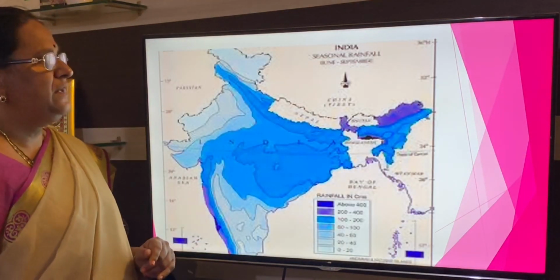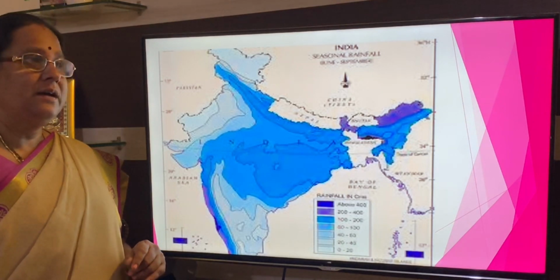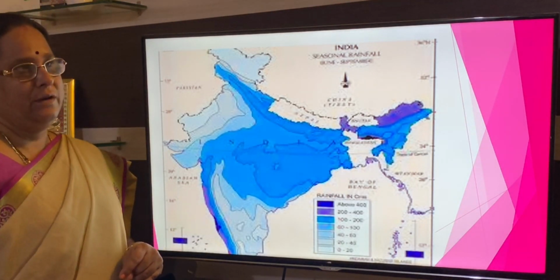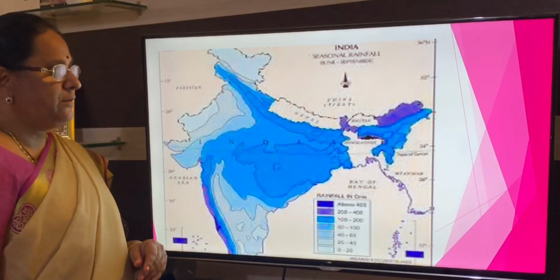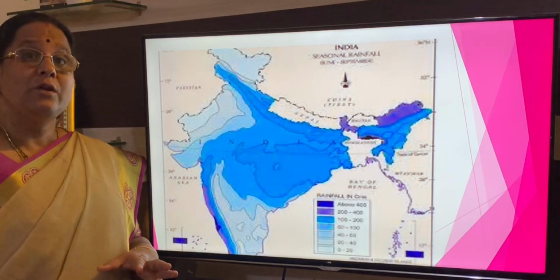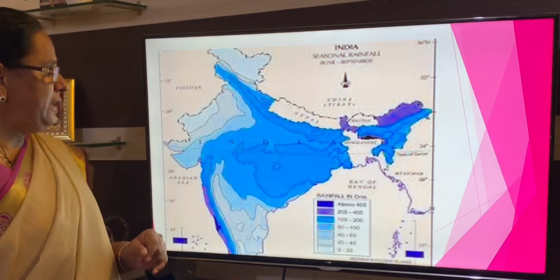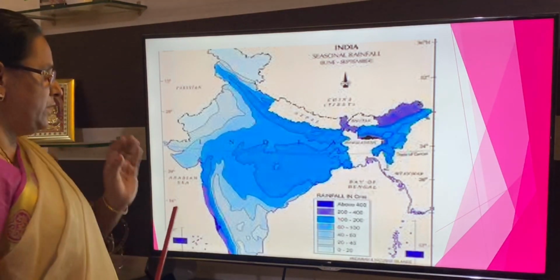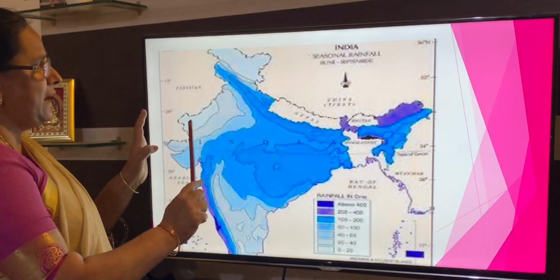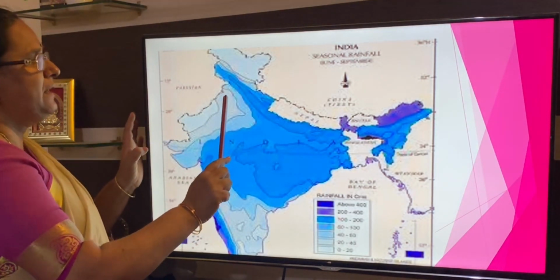This map will help you to understand better the distribution of rainfall. First we learned about the areas where we receive low rainfall. If you see, the areas where we receive low rainfall are Kutch, the Thar Desert, and Punjab and Haryana.